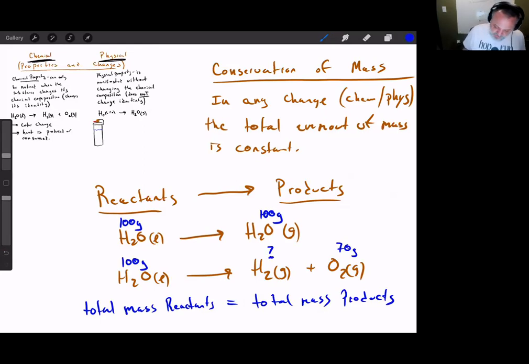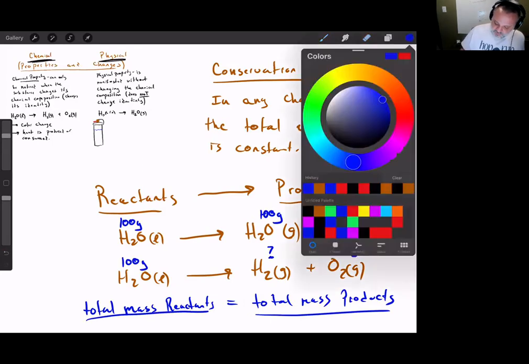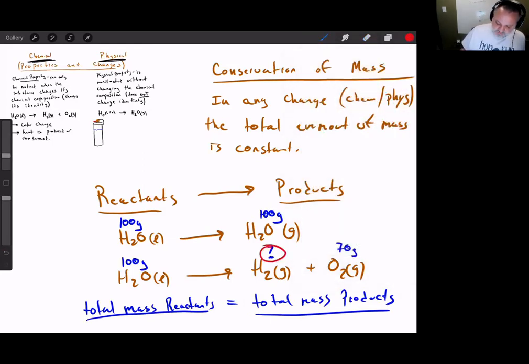The total mass has to be the same on both sides. So whatever the mass of hydrogen is, when I add it to 70, it must equal 100. So the mass of the hydrogen must be 30 grams.